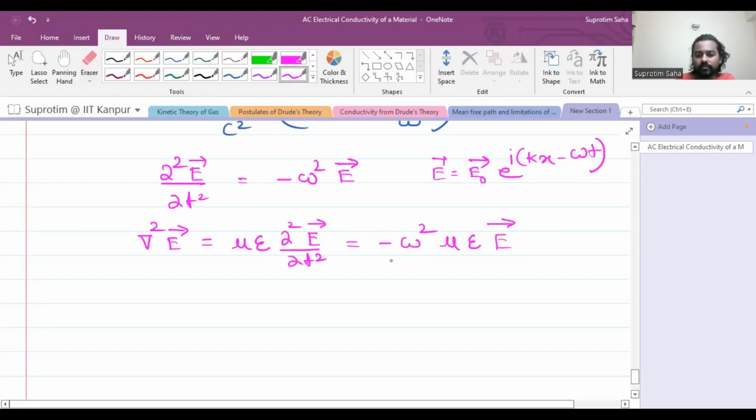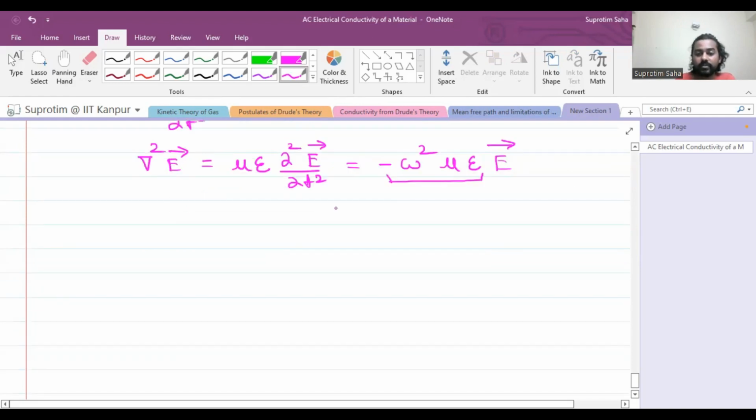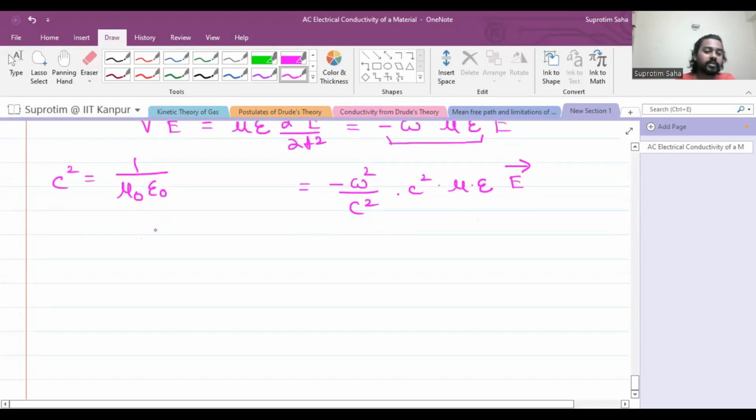Now we have to manipulate this part to arrive at what we need: omega squared over c squared times mu times epsilon times the E vector. Now, c squared is 1 by mu naught epsilon naught, the permeability and permittivity of free space.